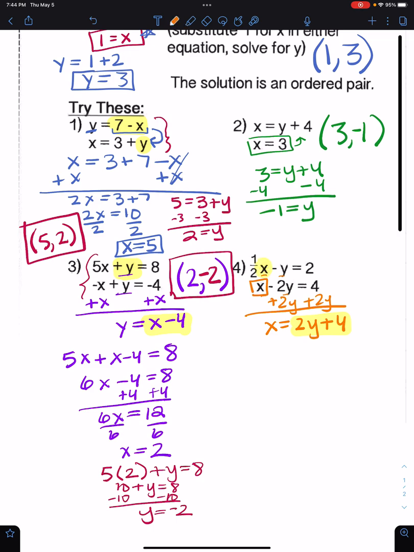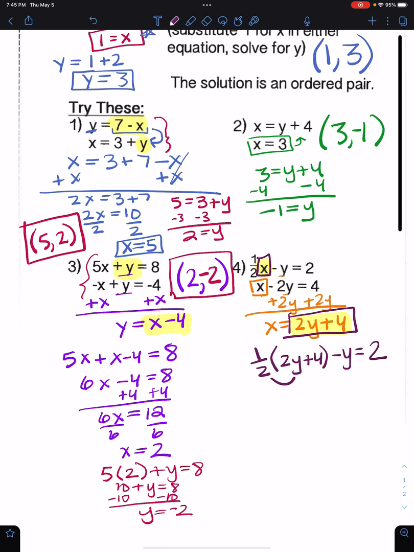Now this one's a little more complicated than the ones we did before, but nothing we can't handle. Let's rewrite that first equation. And instead of x, I'm going to do 2y plus 4. And I'm going to put it in parentheses because there's going to be some distributing happening there. So I just replaced the x with 2y plus 4 because we found out that x equals 2y plus 4.